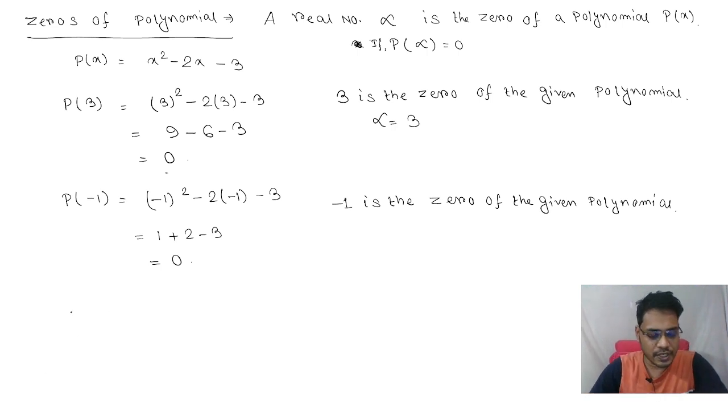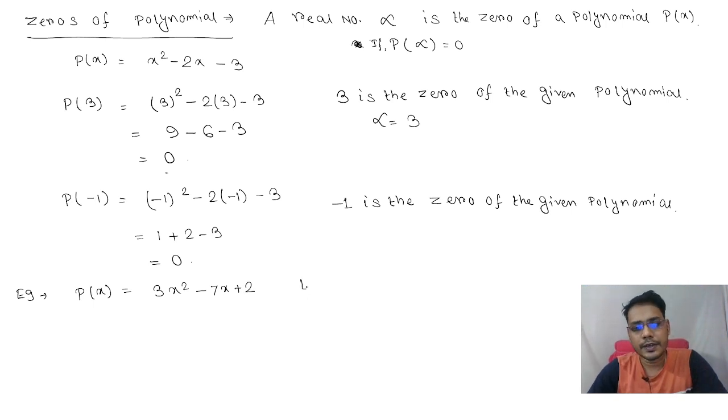So suppose this kind of example is given. Suppose p(x) is equal to 3x squared minus 7x plus 2. Then find the value of p(2). How can we do it? Just put the value x is 2.